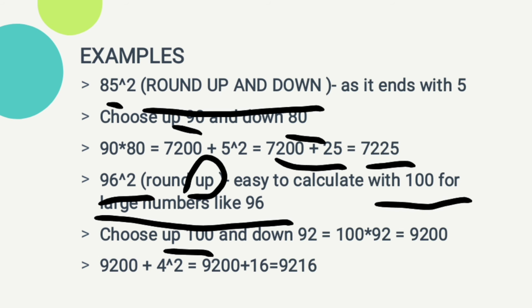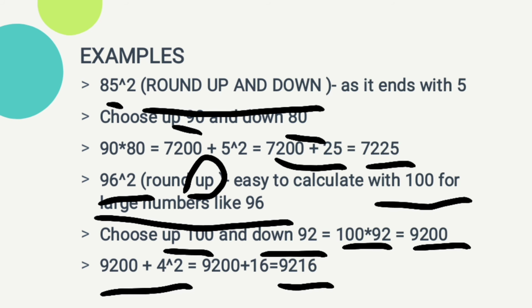Choose up 100 and down 92. Multiply 100 and 92. You will get 9200. Add with it 4 square. 4 is the difference between 96 and 100 or 96 and 92. You will get 9200 plus 16 equal to 9216.